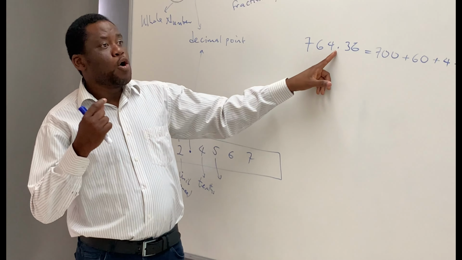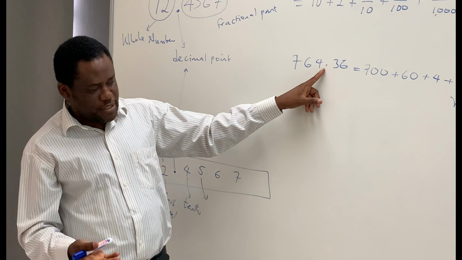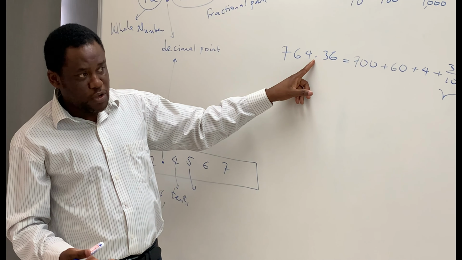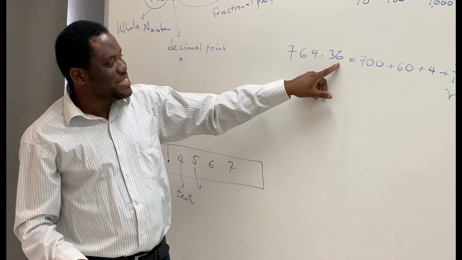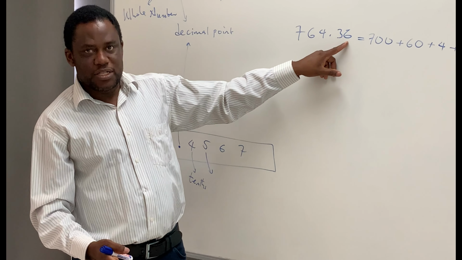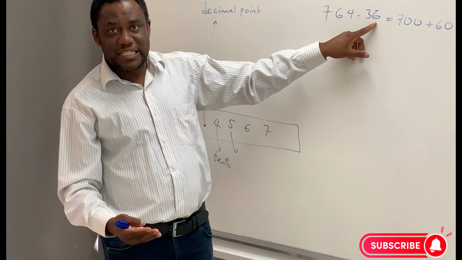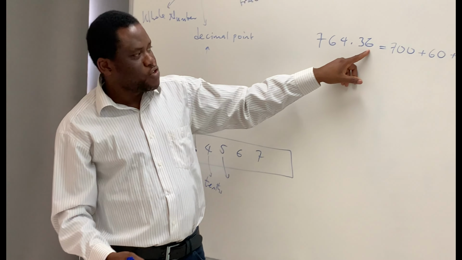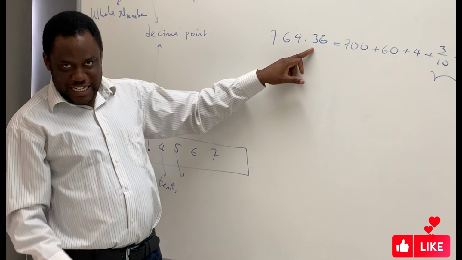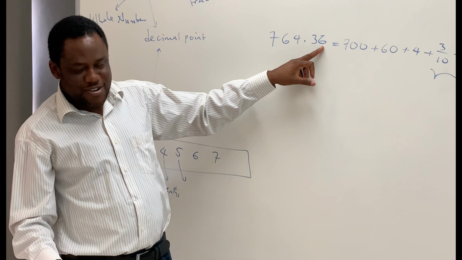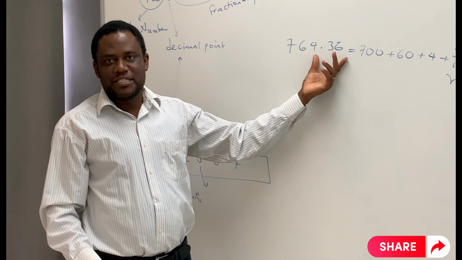You can say point or decimal point, and then you just say 36 hundredths. So you don't have to say 3 tenths, 6 hundredths. Just call it together. 36 hundredths.